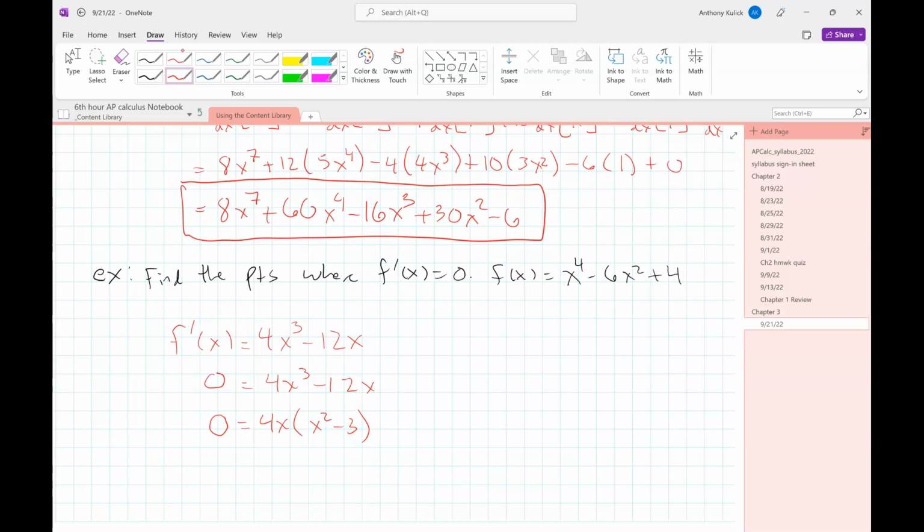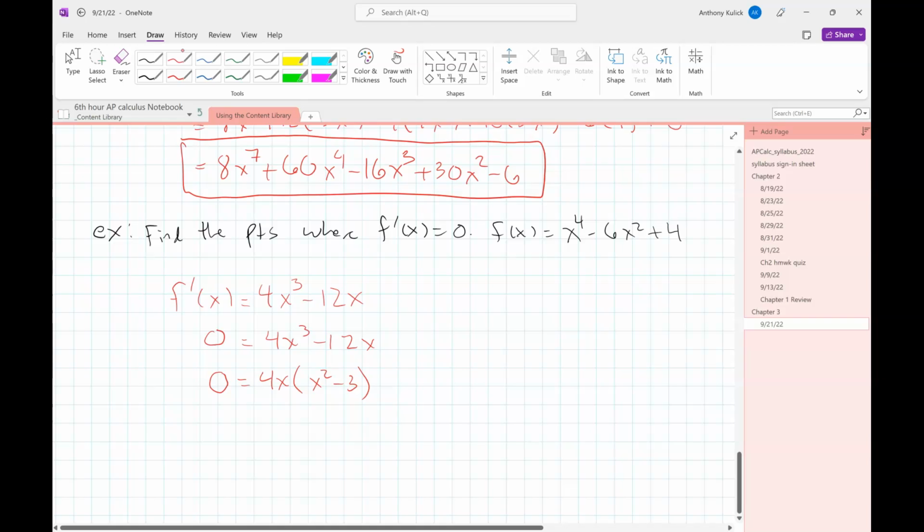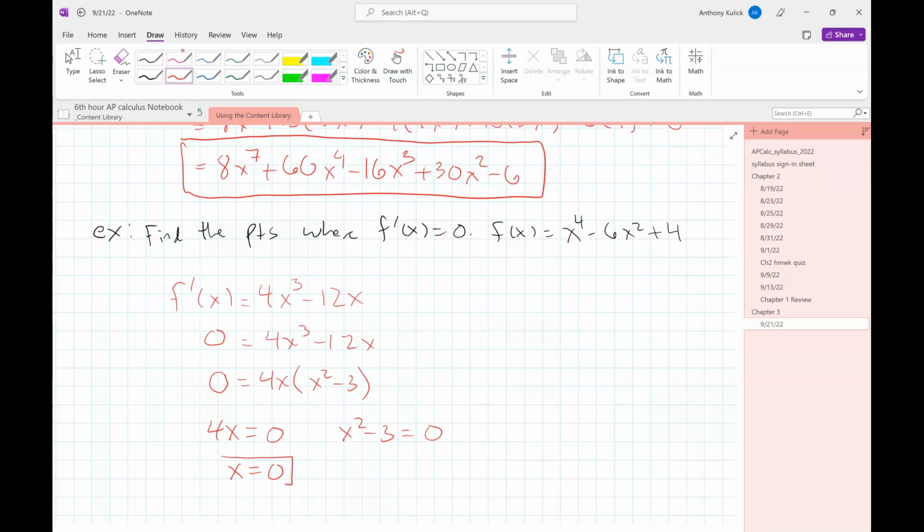Okay, now what? Great. I can apply the zero product property to set each factor equal to 0, and then solve each one independently. So I divide both sides by 4 to get x equals 0. I add 3 to both sides, and then square root both sides to get plus or minus root 3.